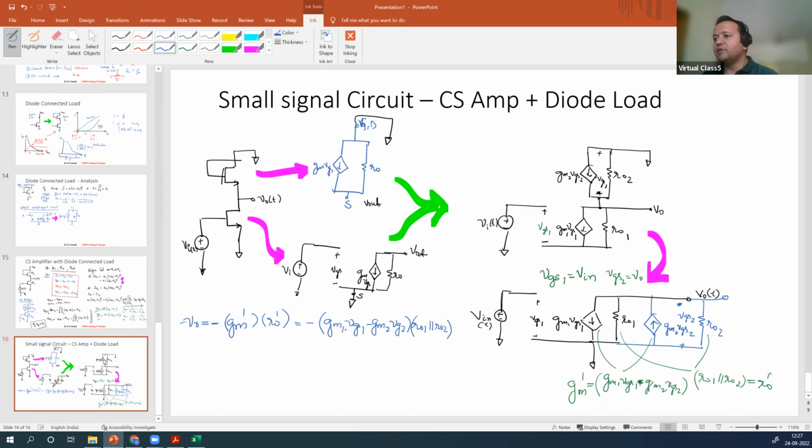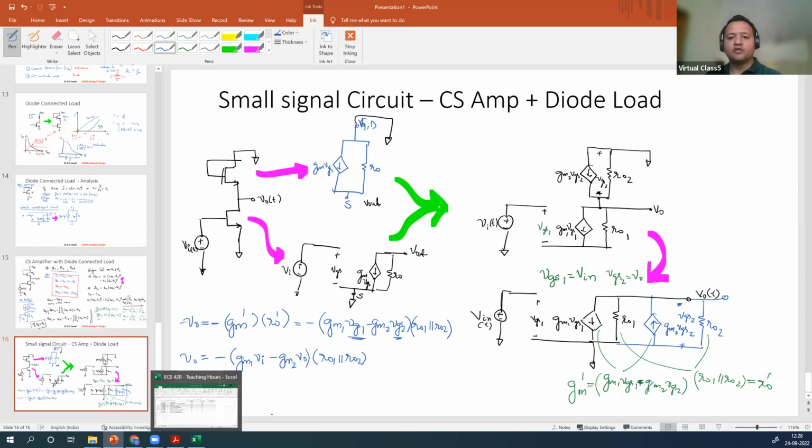Right? Now let us replace VGS1 and VGS2 with these two values. So it will be minus GM1 V input minus GM2 V output times R01 parallel with R02. This is equal to V0. Now if you rearrange, you will get the gain. AV is equal to V0 by Vin.